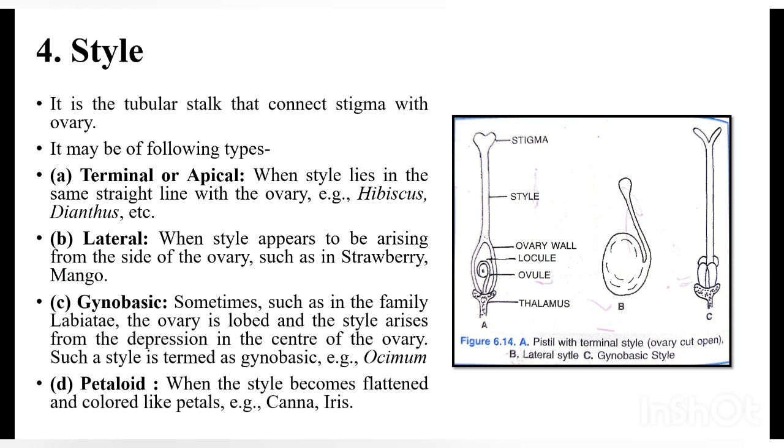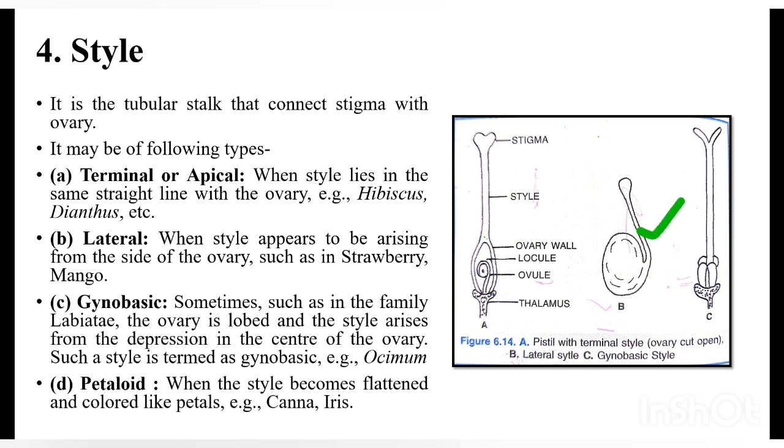So these are different shapes of stigma. Then style, a tubular stalk that connects stigma with ovary. It may be of the following types. One is terminal or apical, when the style lies in the same straight line with the ovary, as present in hibiscus and dianthus. Lateral, when the style appears to arise from the side of the ovary.